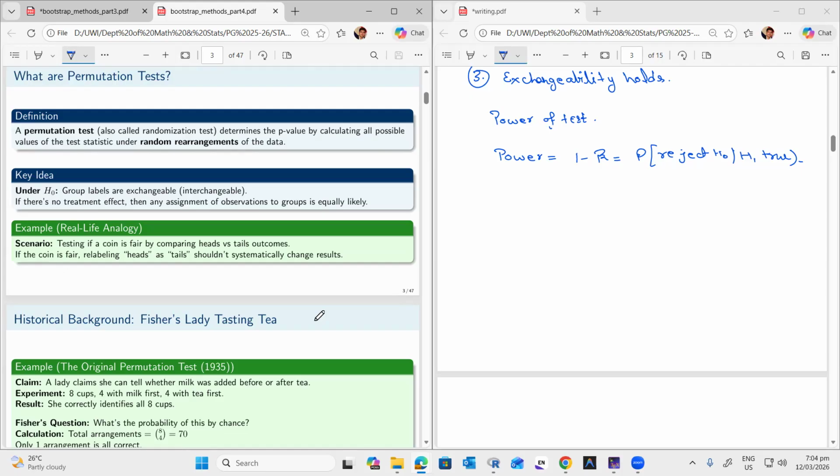Instead, they derive the sampling distribution of the test statistic directly from the data by permuting the group labels or observations under the null hypothesis.